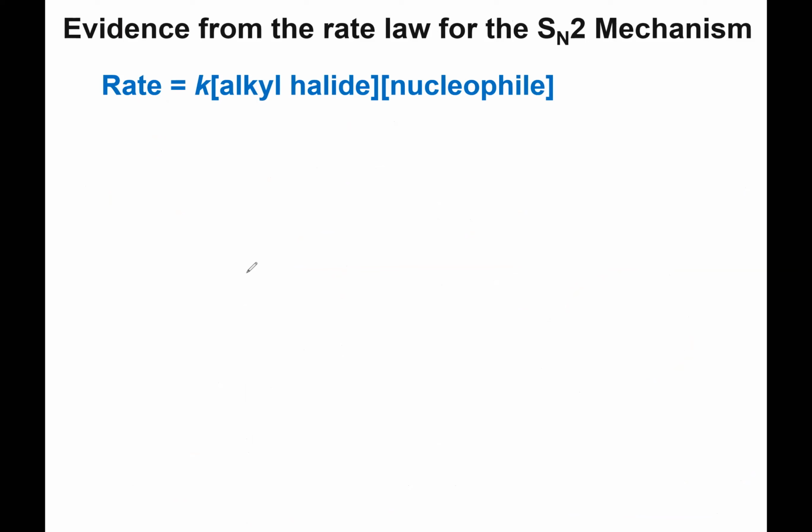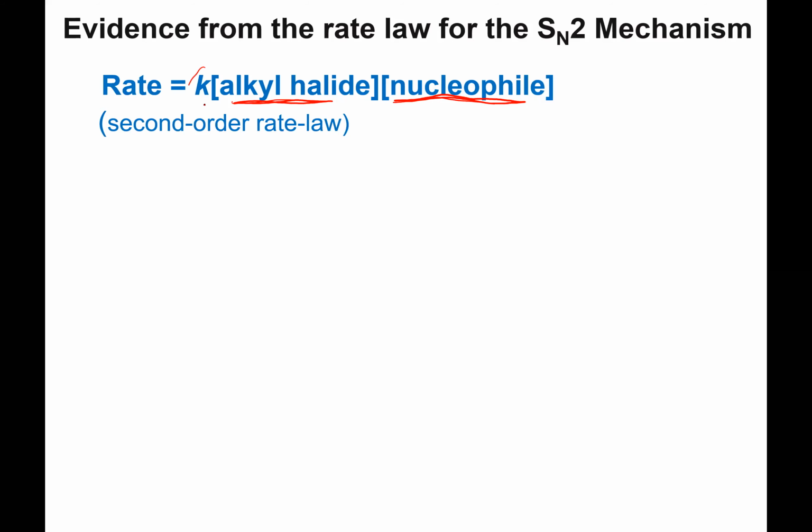So we're going to talk now about the SN2 reaction in some detail, and then we'll later pick up on the SN1. The SN2 reaction has second-order kinetics. The rate is proportional to the alkyl halide concentration, and it's also proportional to the nucleophile concentration. What does that mean?